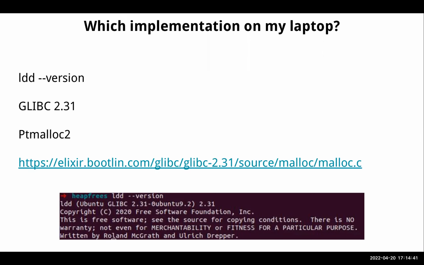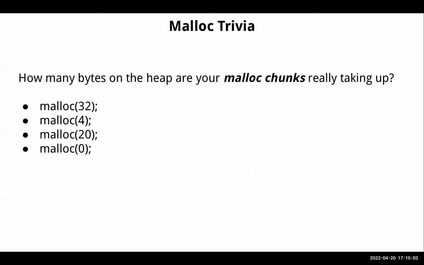So for my laptop, I'm using libc 2.31. And then I can find the source code of this because everything is open source. Then I can find that the dynamic memory allocator I'm using is actually ptmalloc2. If you are interested, you can read the source code to figure out how everything works.